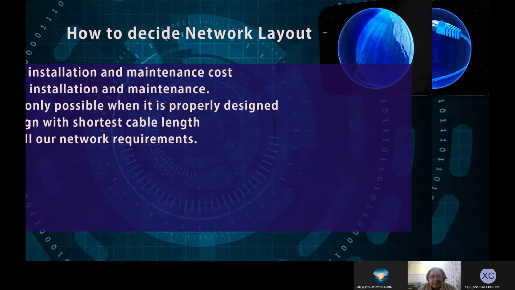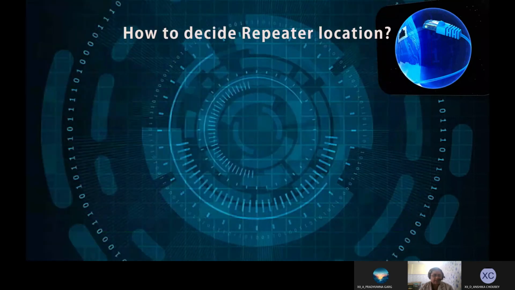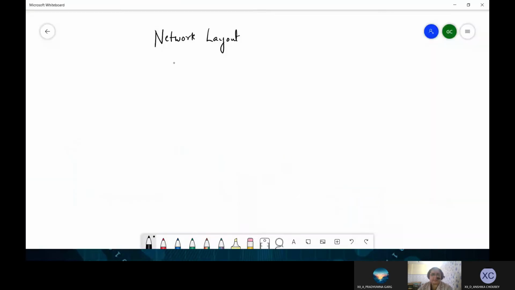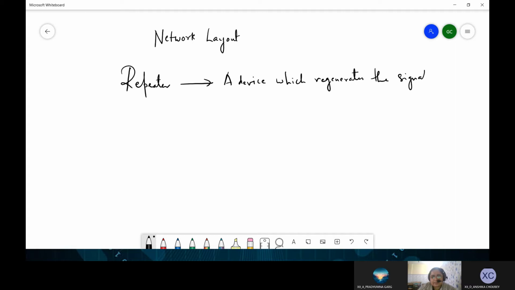How to decide repeater location? This is very important. As we already know, a repeater is a device which regenerates the signals. When data is traveling through a medium, because of the internal resistance of the medium, signal is lost.